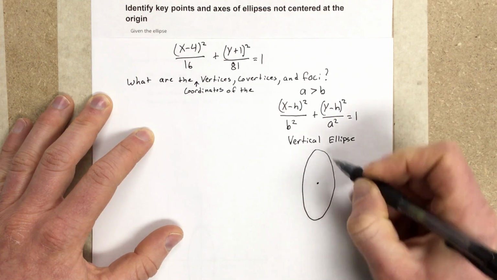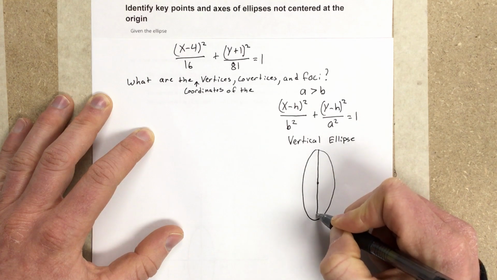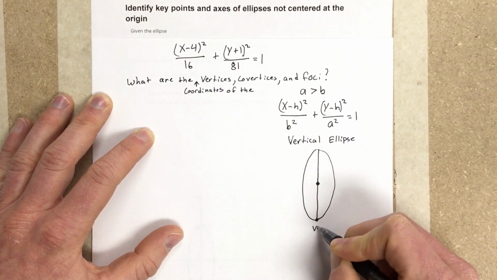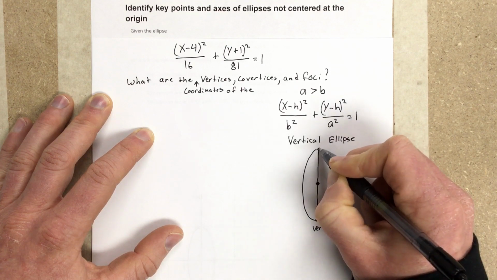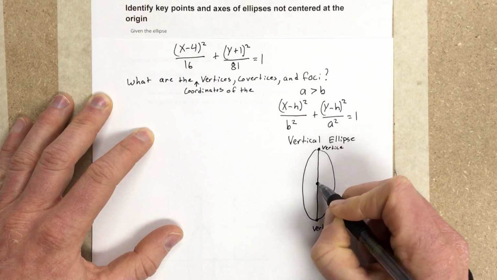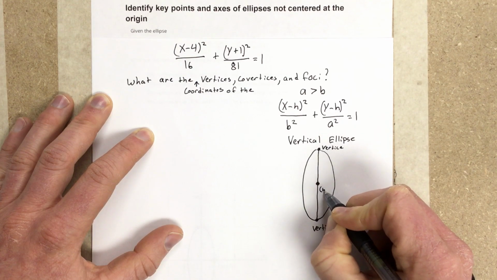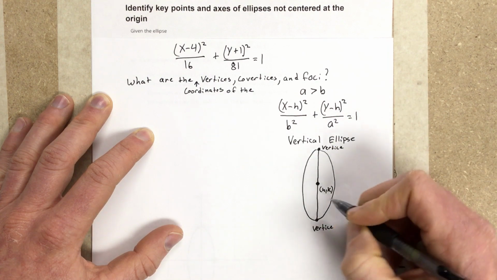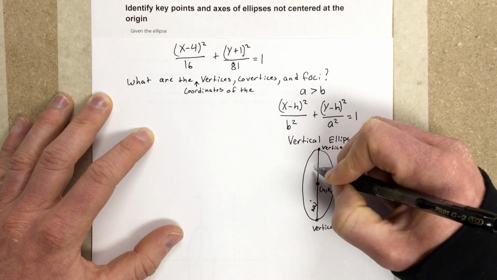That ellipse will look like this. It's got a major axis, which goes from vertice, so this is a vertice, and this is a vertice, and the center would be h comma k. Then I label the major axis.